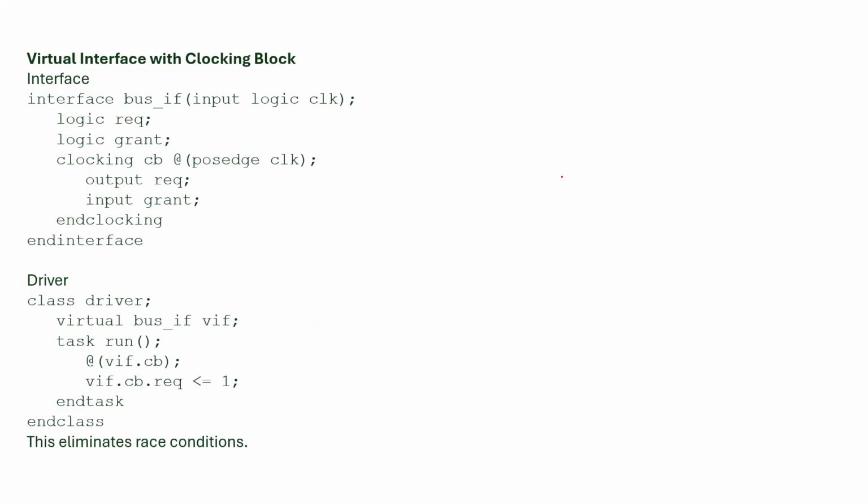Based on that, it will be avoiding the race condition. So same thing, in the clocking block at the rate posedge clock, my output request will be driving here and then sampling the grant. So the driver, through clocking block, we are calling vf.cb. This cb will drive this request and grant.